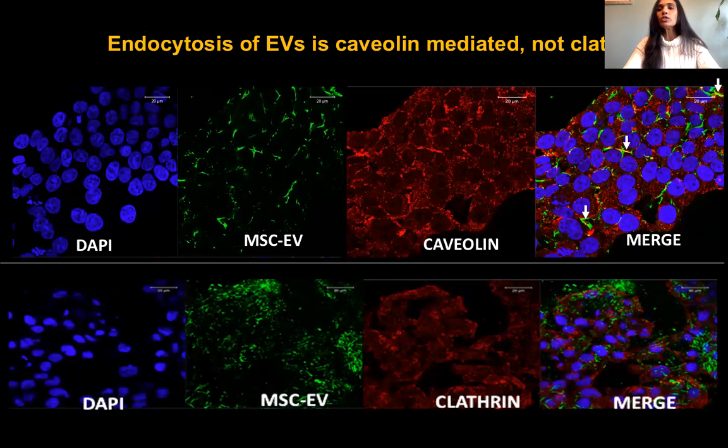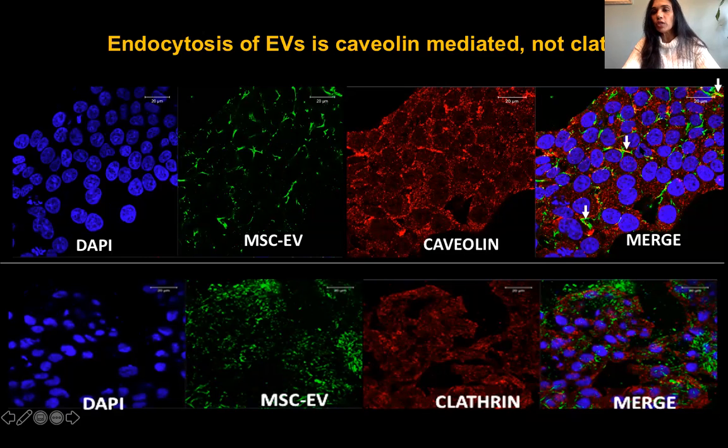So the next goal is to find out which microdomain, whether it is caveolin or clathrin, is involved in this process. For that, we just did a simple experiment. Here you can see that we co-labeled the cells treated with EVs with a caveolin antibody.